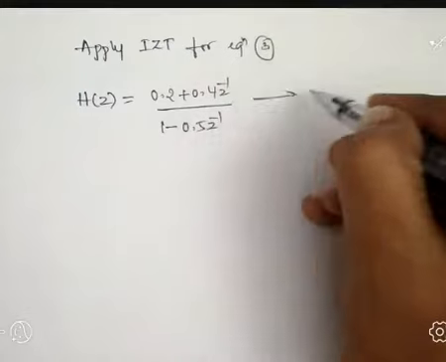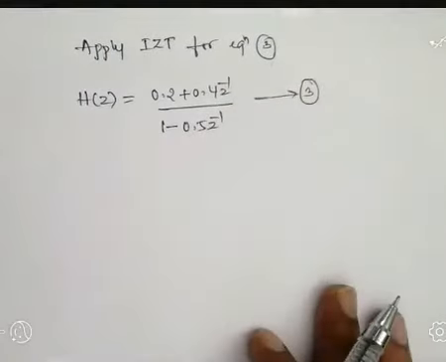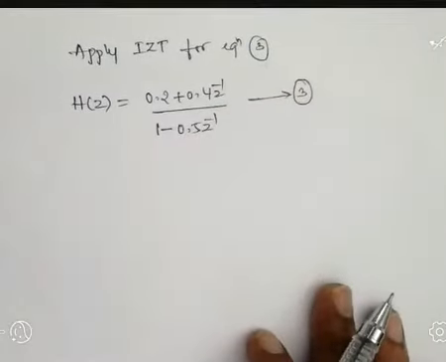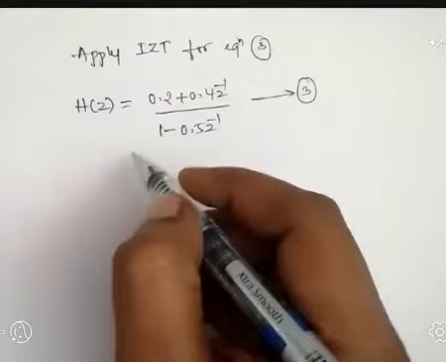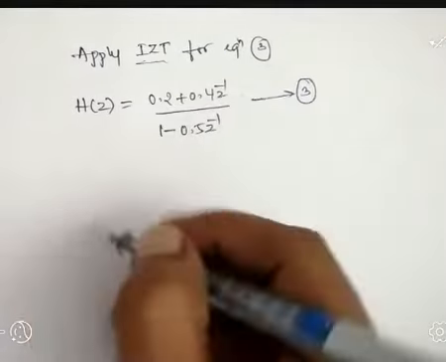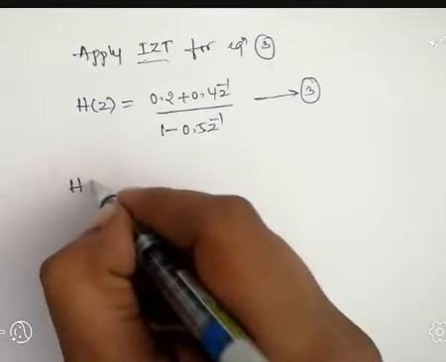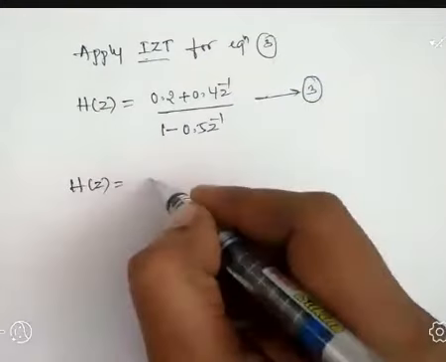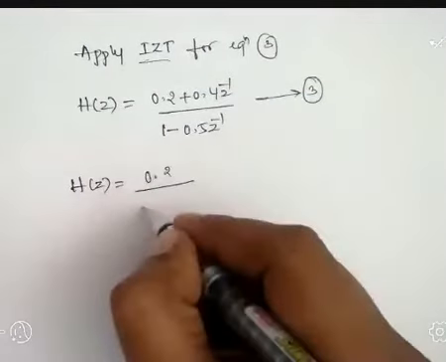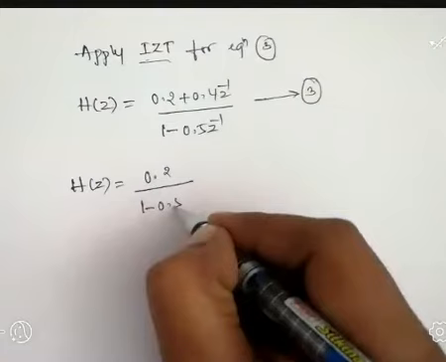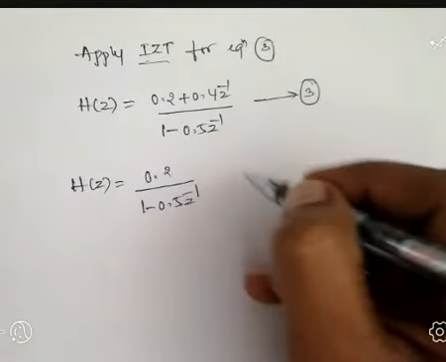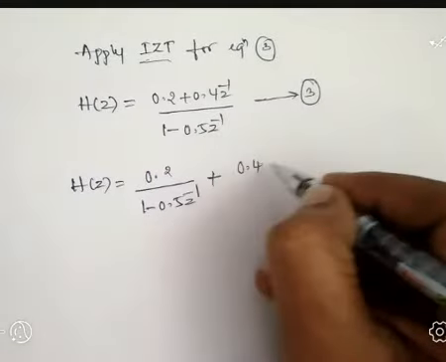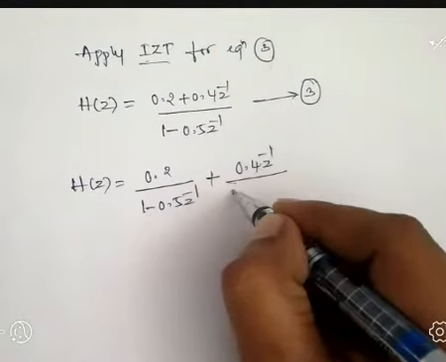Before applying the inverse Z transform, I am going to split this as h of z equal to 0.2 divided by 1 minus 0.5 z to the power minus 1 plus 0.4 z to the power minus 1 divided by 1 minus 0.5 z to the power minus 1.